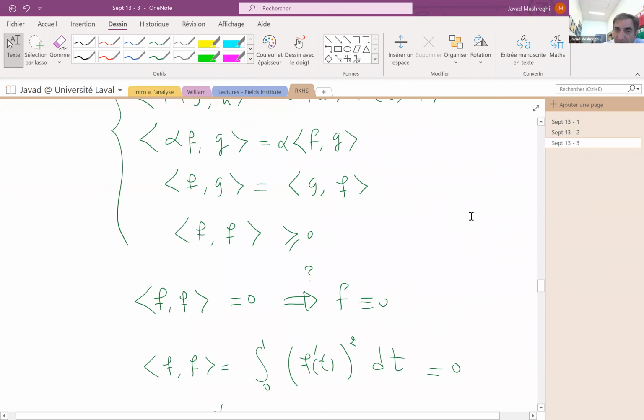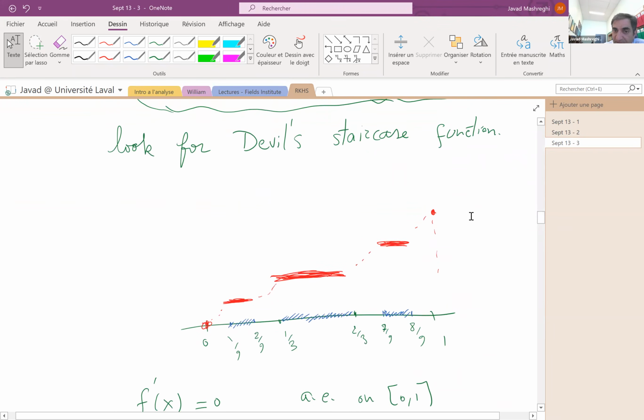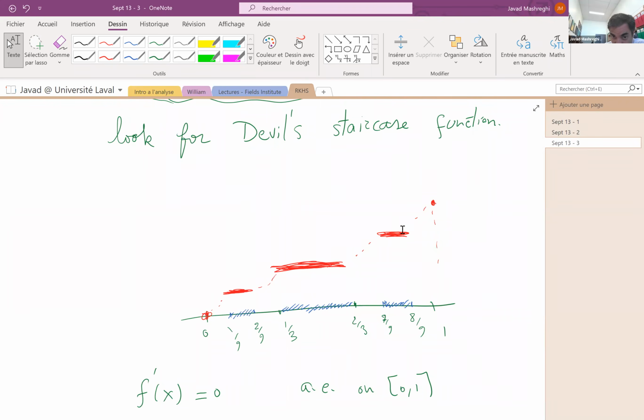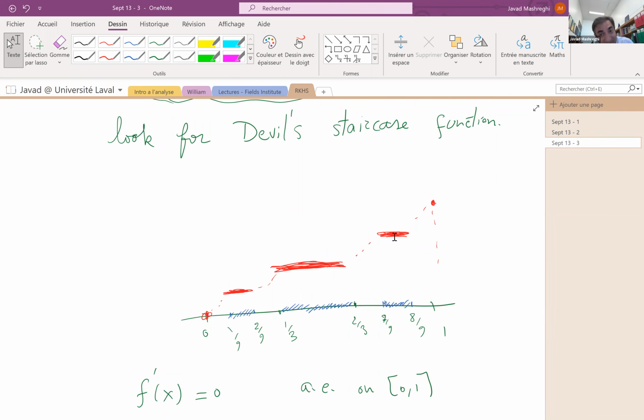Maybe you mean that f is like this, constant here, constant here, and constant here, but not the same constant. It depends on what you want to say.